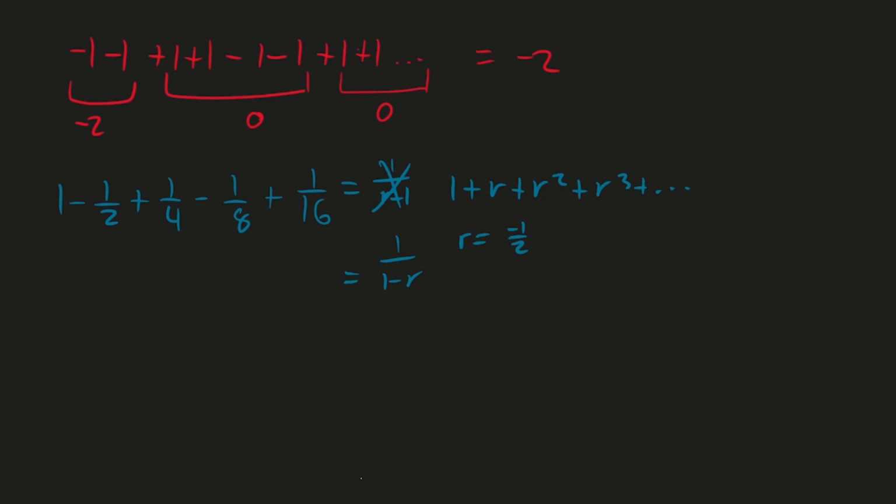Yes, that is correct. Okay, sorry. So that sequence, if we plug in r equals 1/2, we get 2/3, which is approximately 0.66, etc. Not really approximately if I put the dots, but you get the idea.